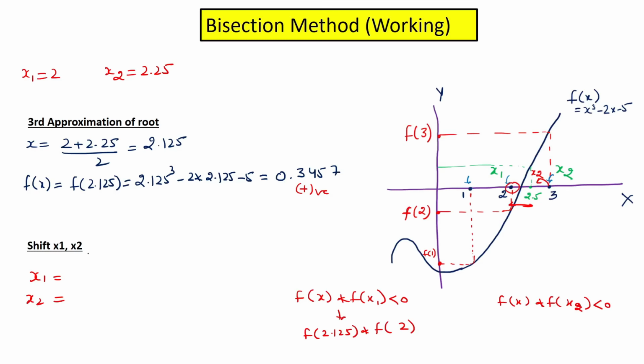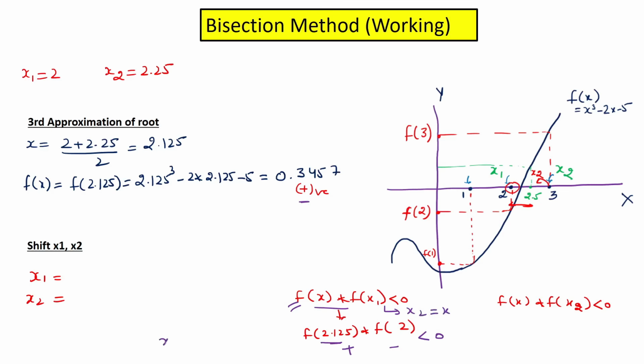To change x1 and x2, I have to check these conditions. So if I check this condition, f of x is this one and f of x1 is this one. This is a positive value, as you can see here, and this f of 2 was a negative value. So yes, I will get a value lesser than 0. This condition is satisfied, and this says that you have to change x2 equal to x.